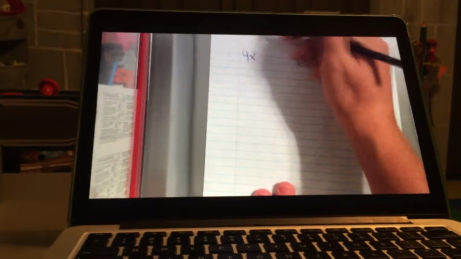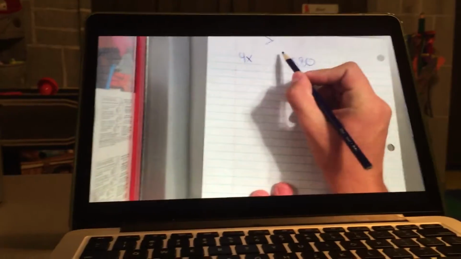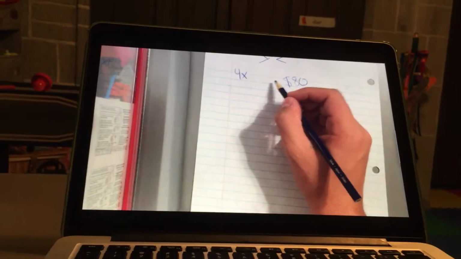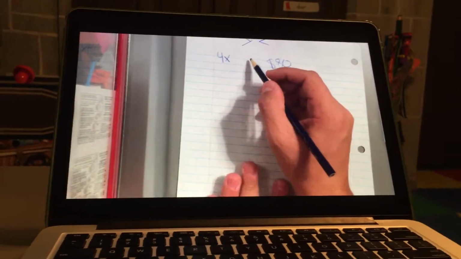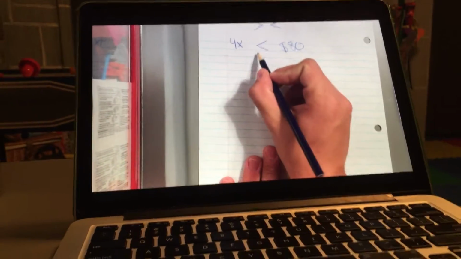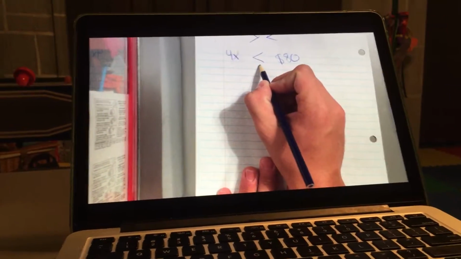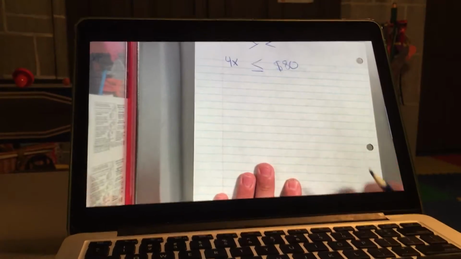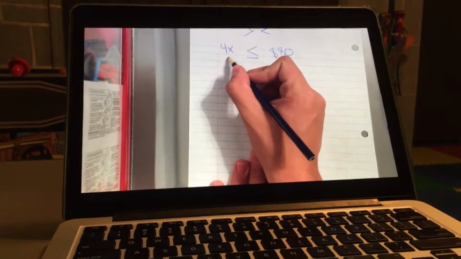So it could either face this way to be greater than, or this way to be less than. So 80 is a higher number than 4, so it's going to face 80. But since we don't know what number x represents, we're going to put an equal sign. A way we could figure out how to solve it, though, is get 4 alone.